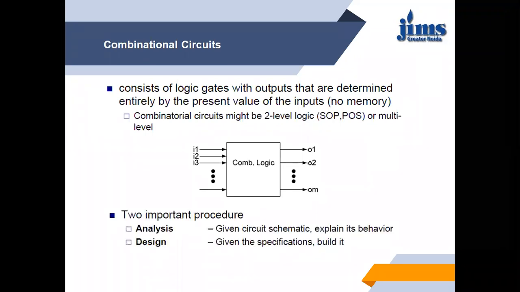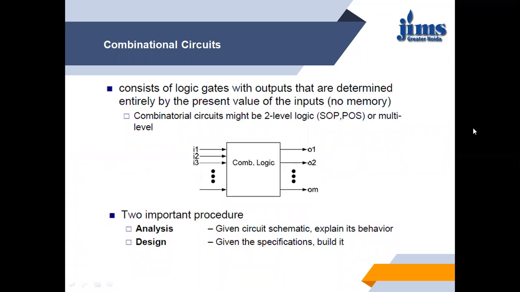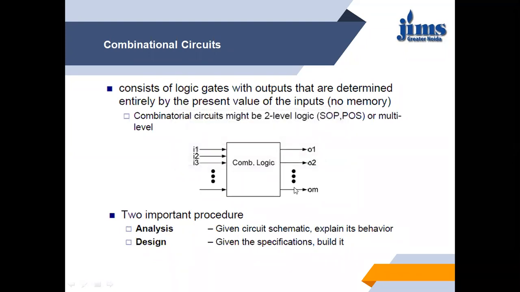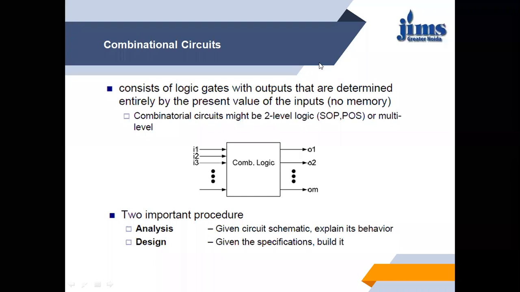The two important procedures for combinational circuits are, first, analysis. In the analysis portion, we are given the circuit schematic, and we have to explain its behavior. That means, given a circuit, we have to draw the truth table.